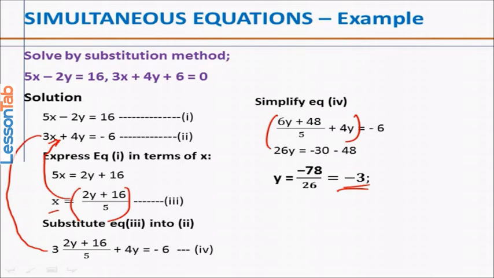It's all because we multiplied this 3 through. That gives us that expression. Now we have 26y will be equal to minus 30 minus 48. Therefore, y is equal to minus 3.